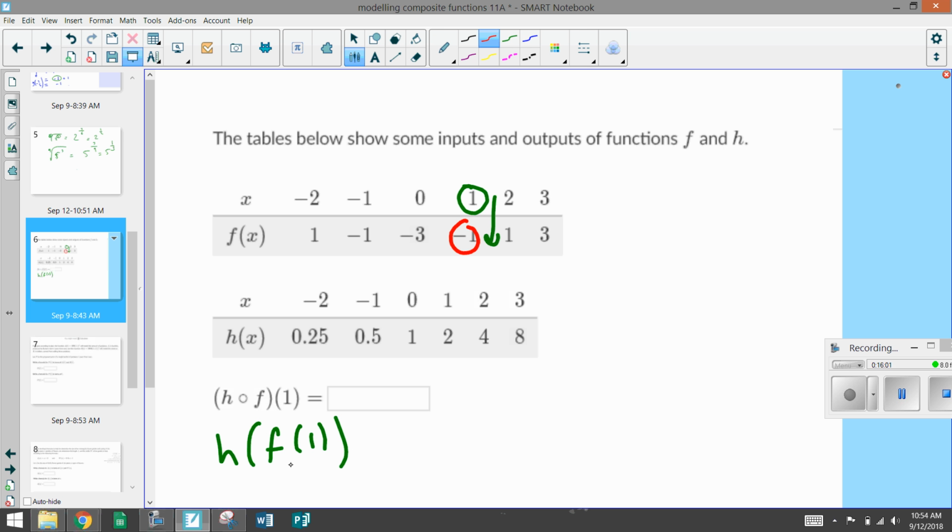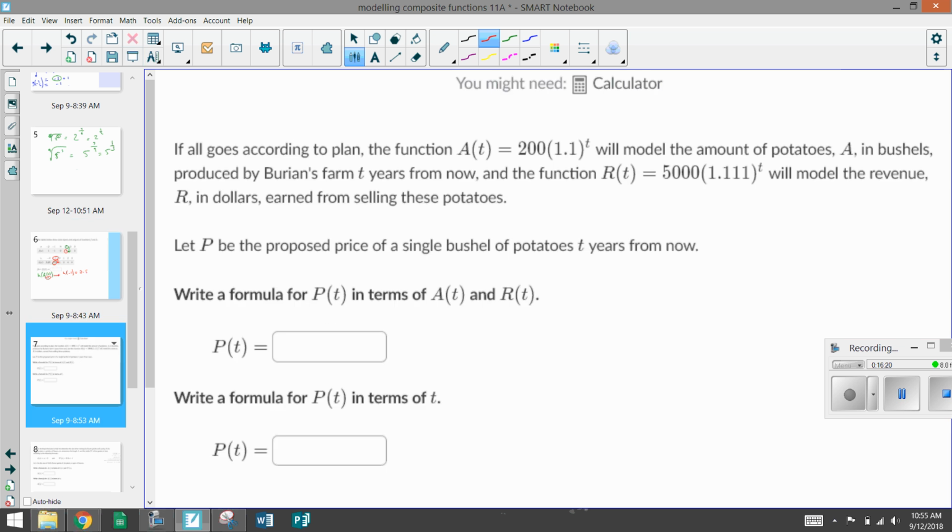Okay, now next question. This is negative 1. Next question is h of negative 1. Where's negative 1? Makes it 0.5. Next question. Okay.